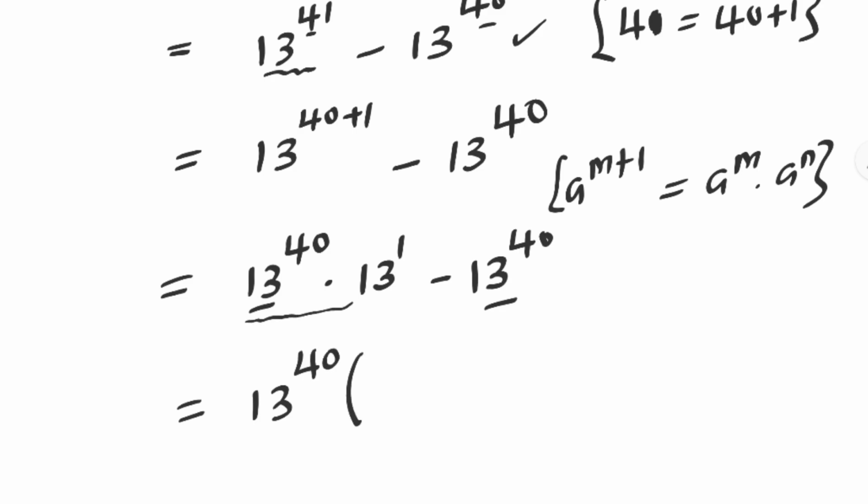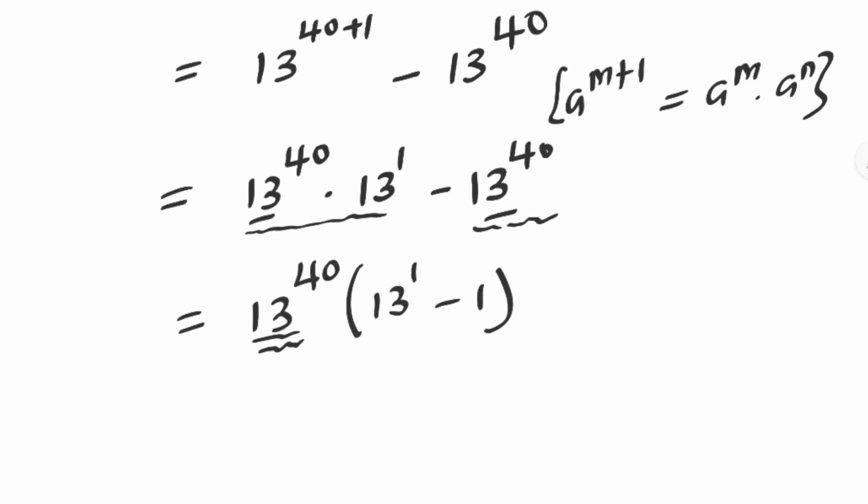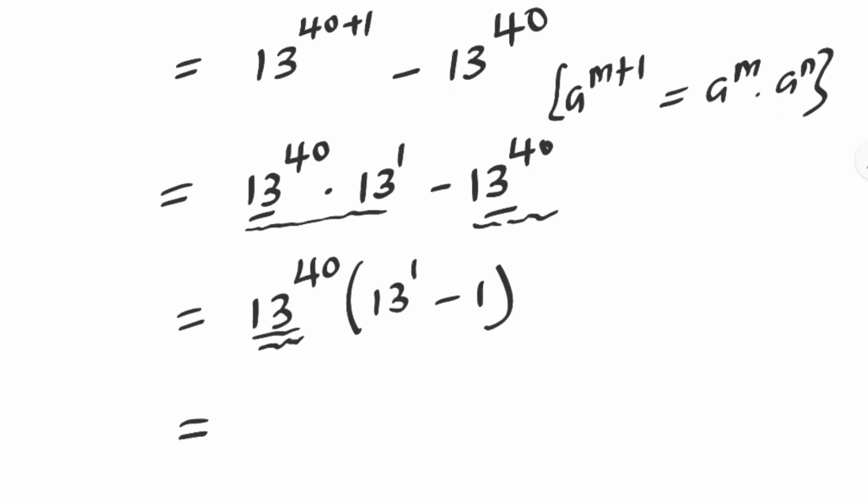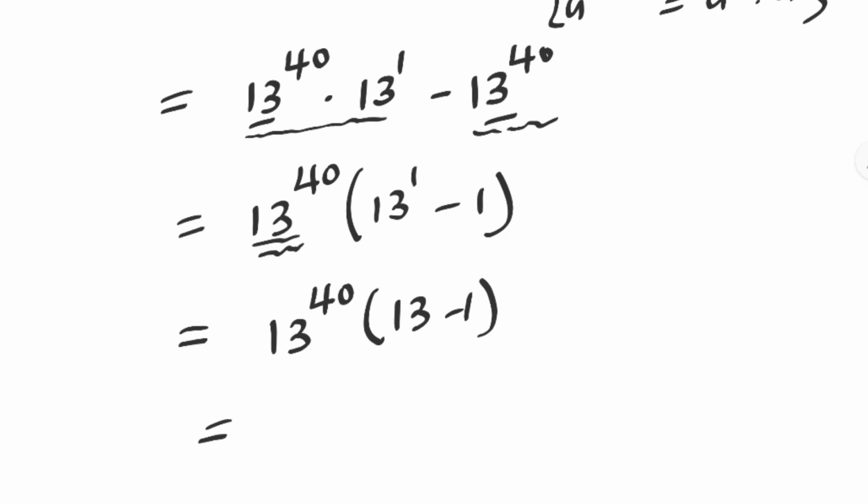If you divide this by this, we have 13 raised to power 1 minus, if you divide this 13 raised to power 40 by this 13 raised to power 40, this is 1. And this is equal to 13 raised to power 40 bracket 13 minus 1. This is equal to 13 raised to power 40 bracket 12.